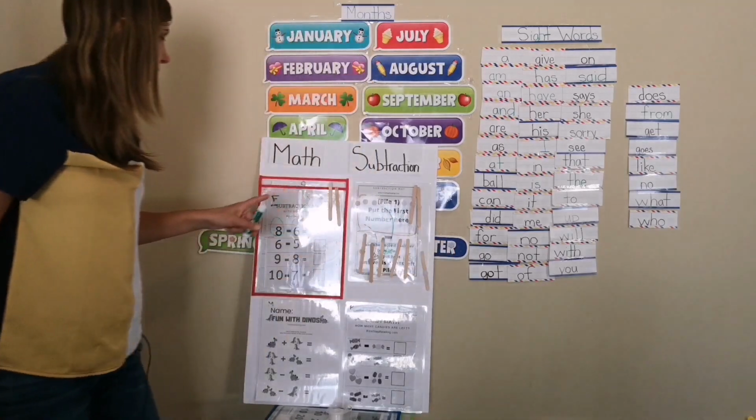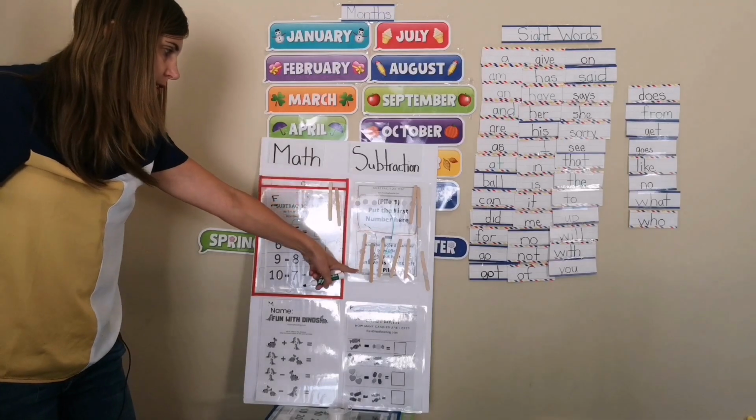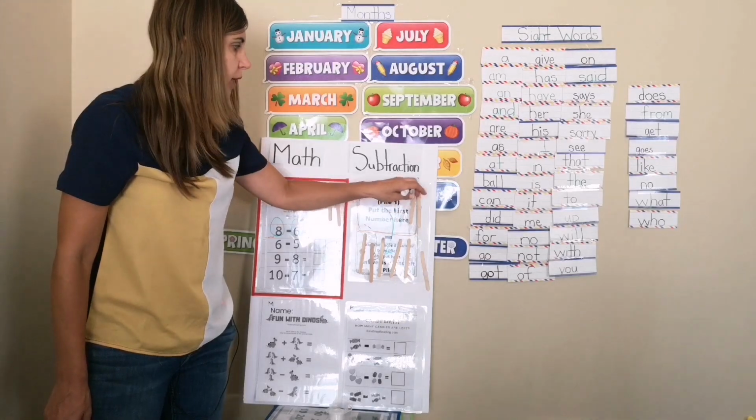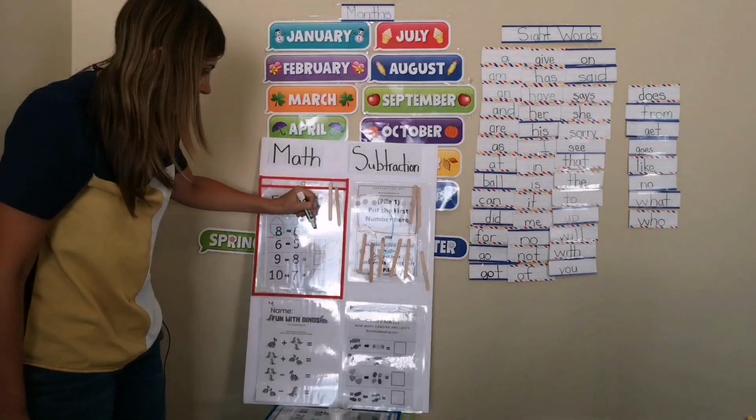Okay, so I had 8 and I moved 6. My answer is how many is left? 1, 2. See? I'm going to do it in black so you can see it better.